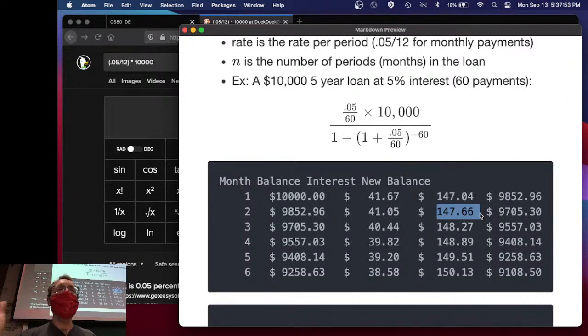And we've reached a new balance of $0 because we've paid the loan back. I only put 6 months in here, but this is like a 60-month loan, a 5-year loan. So let's reproduce this table all the way down to the bottom.